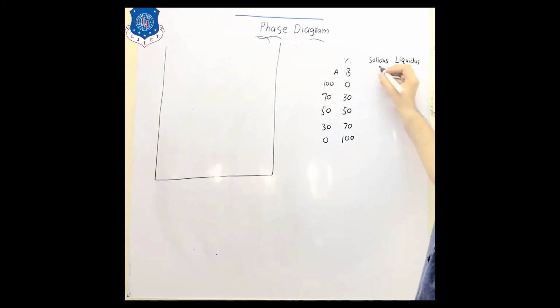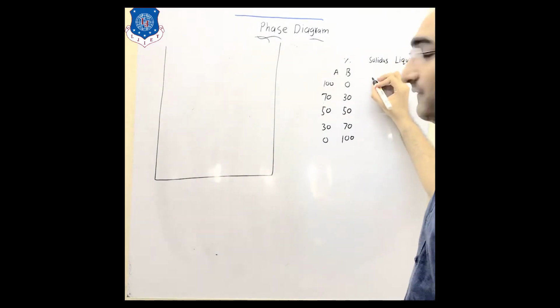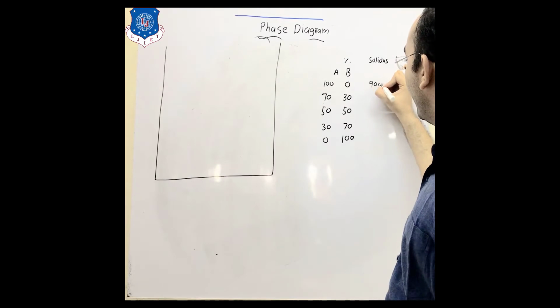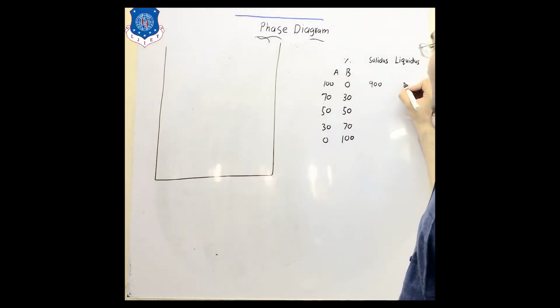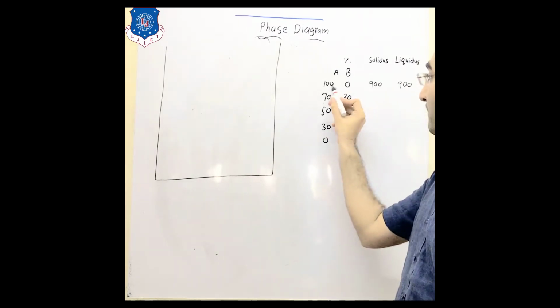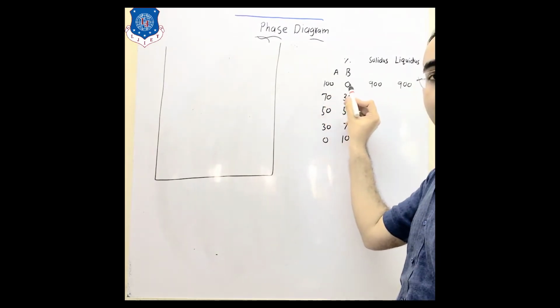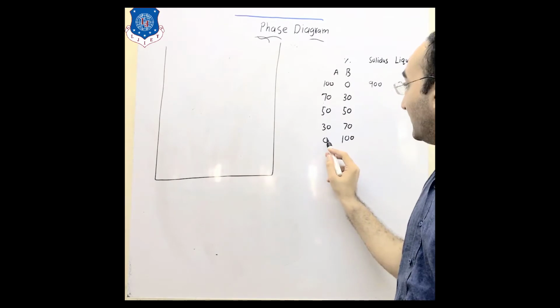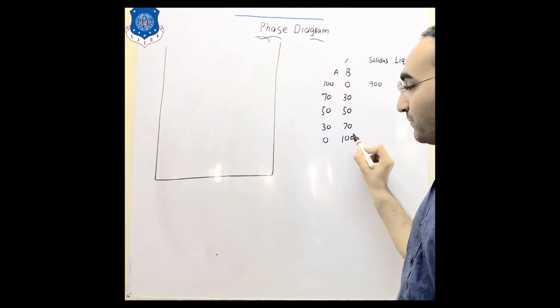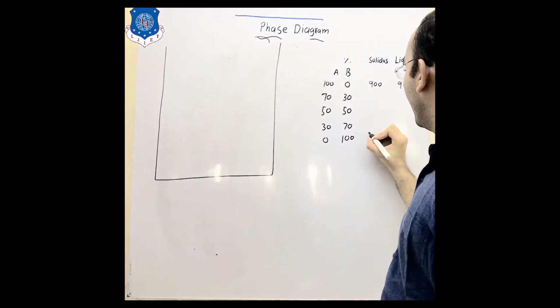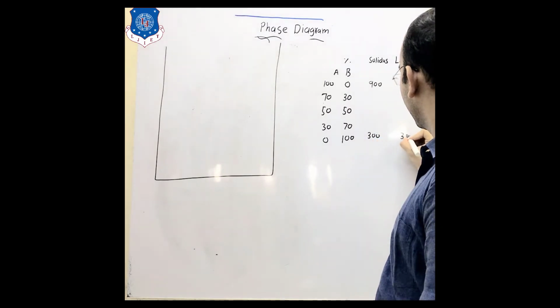Let us see the solidus temperature. If it is given over here as 900 degrees Celsius, the liquidus will also be 900 degrees, because this is a pure metal, pure metal A, and here pure metal B at 300, 300.